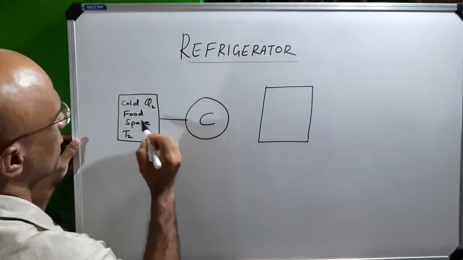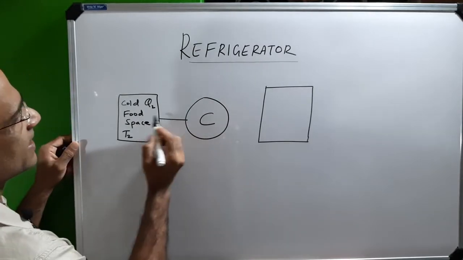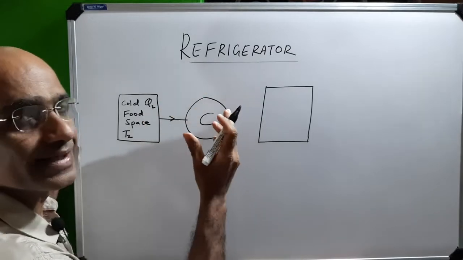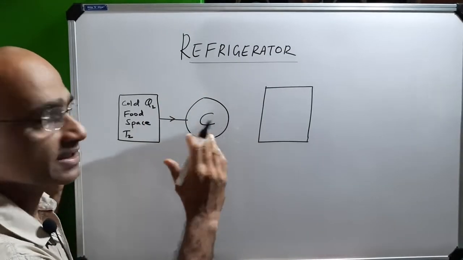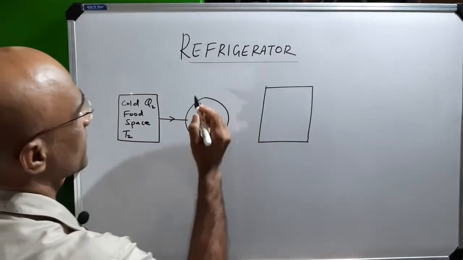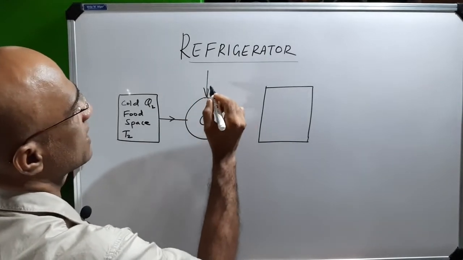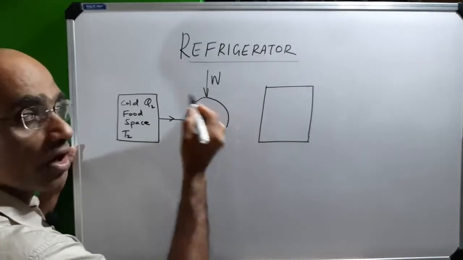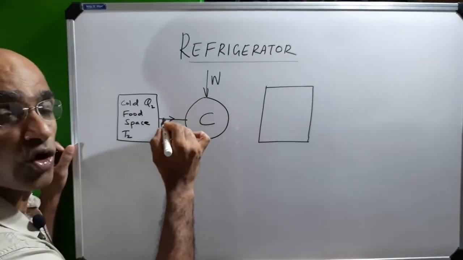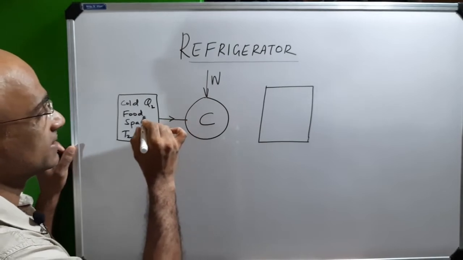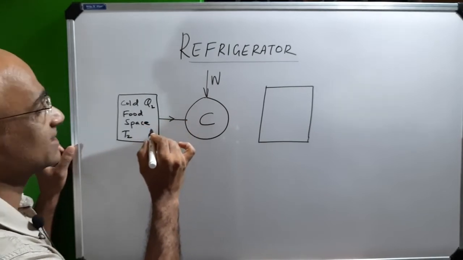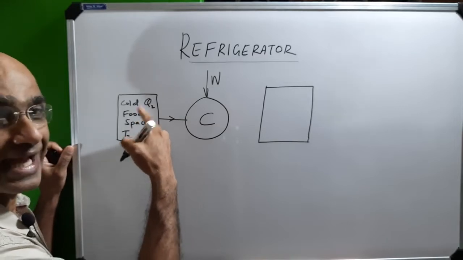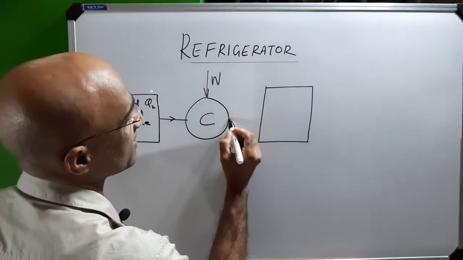Why am I giving the terms Q2 and T2? Because I told you it's the Carnot's engine that is working in the reverse order. So we have a work W being performed by the compressor on the refrigerant, which is a low boiling point liquid that is present inside the evaporator of the cold space, that is actually creating the cooling effect.